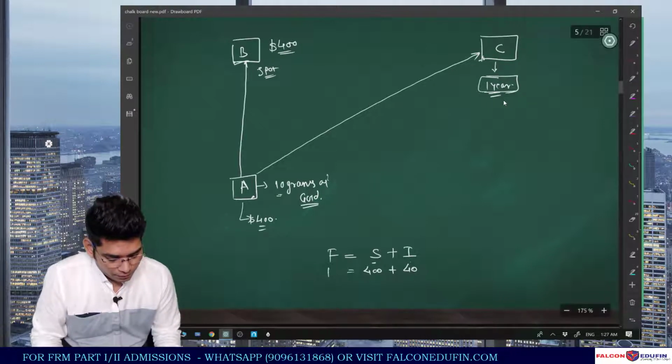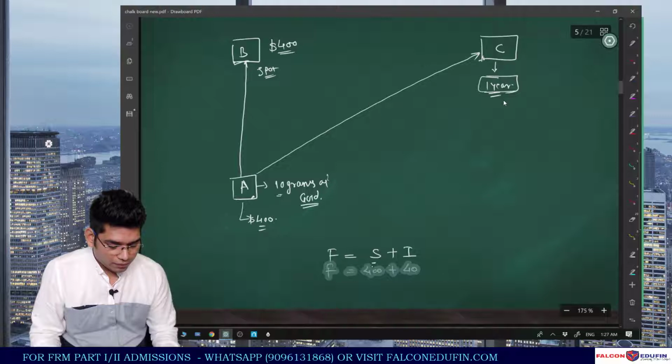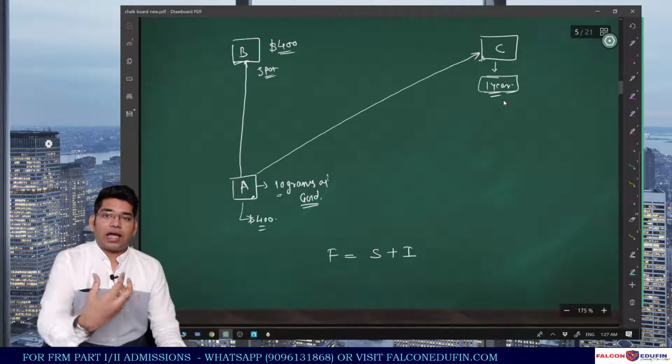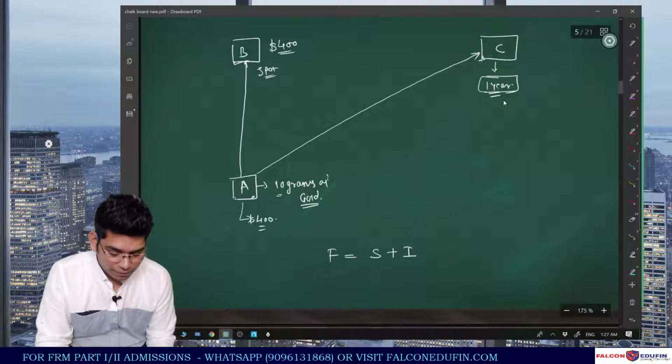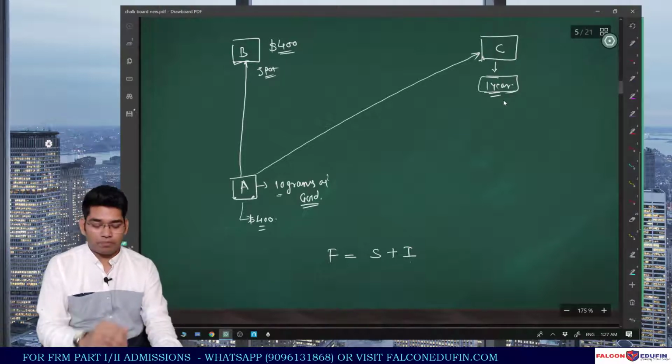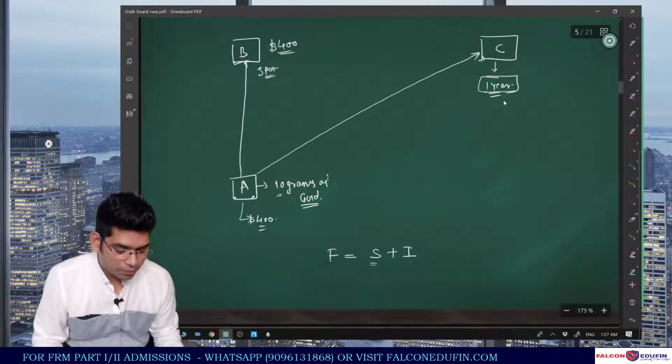Now here, after this deal, there can be different expenses which A might incur. Based on that the forward pricing will be decided, that is spot, what to add, what to reduce.